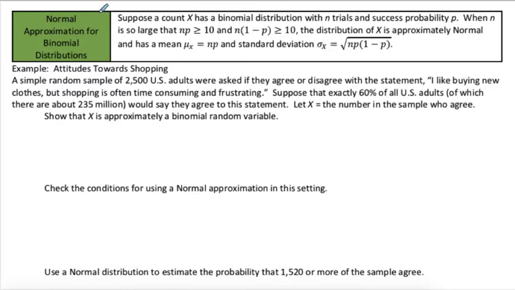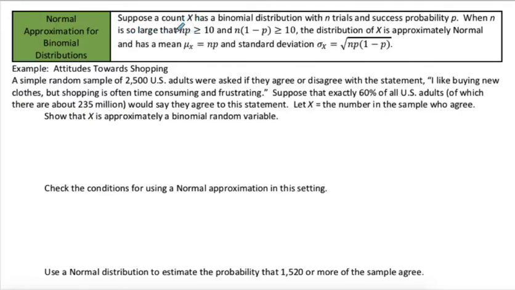Okay, so the last one here says, suppose that a count X has a binomial distribution with n trials and success probability P, meaning it's binomial. When n is so large that n times P is greater than 10 and n times 1 minus P is greater than 10. All right, so this is what it's saying here.